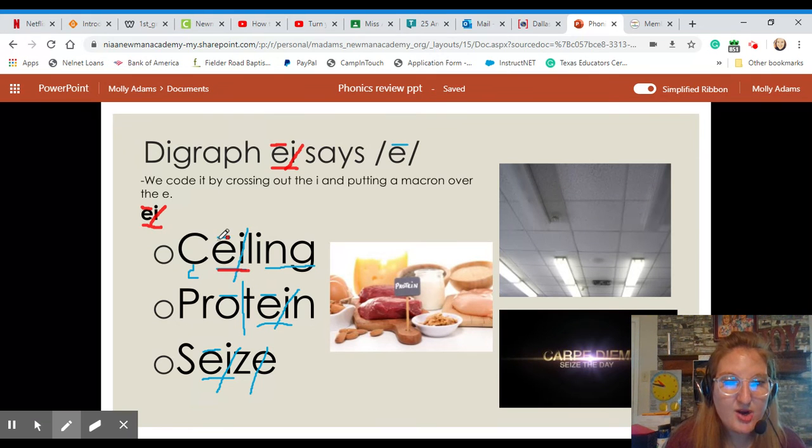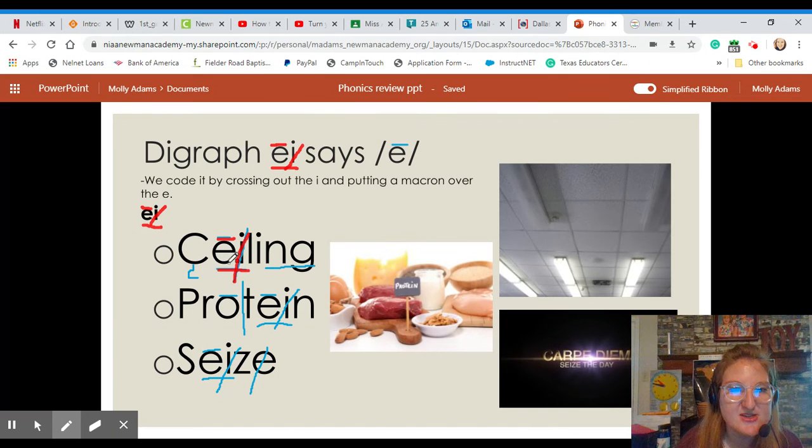We put a macron above the E because it's making the long E sound, and we cross out the I because the I doesn't say anything. Now, what else do you notice about this word? Remember our C, when it's with an O, an A, or a U, it makes the hard sound. Since there's no O, A, or U, we know it's a soft C. So we need to code it to remind us that it's a soft C.